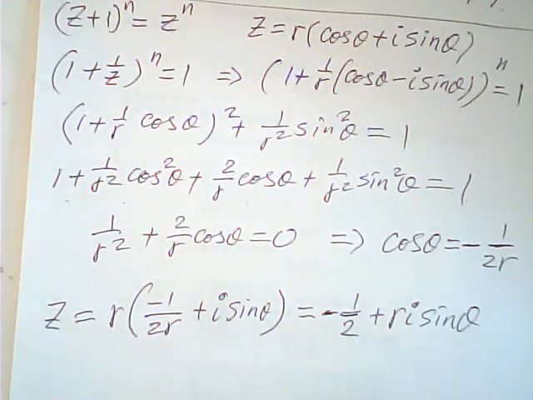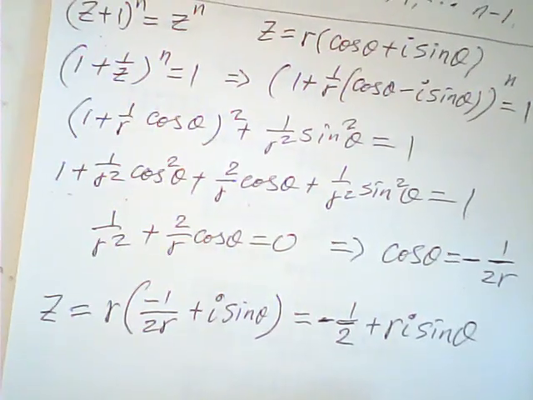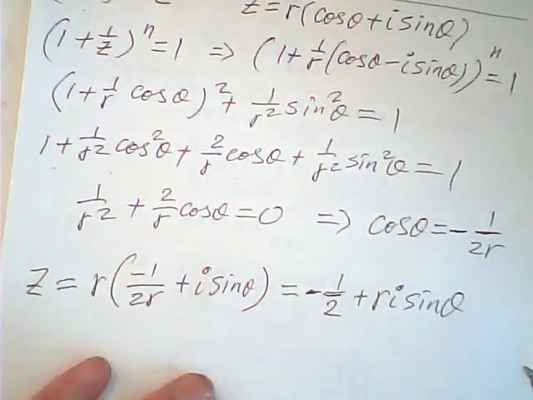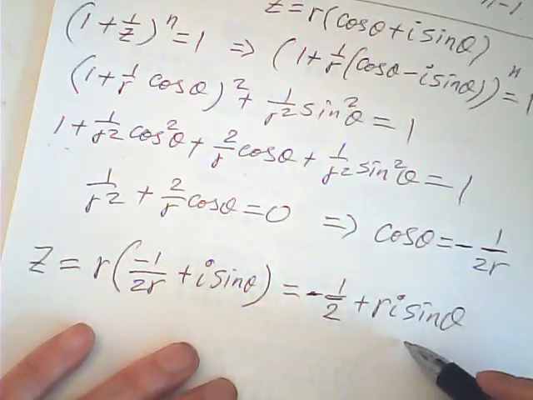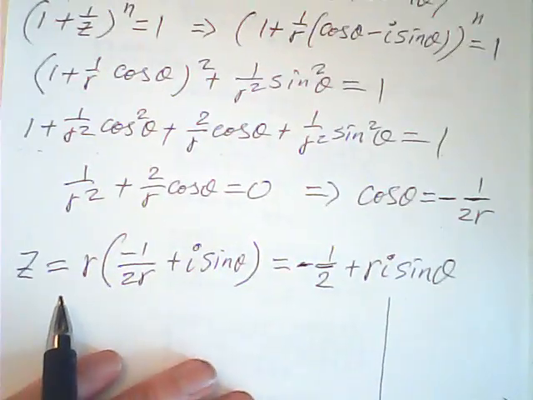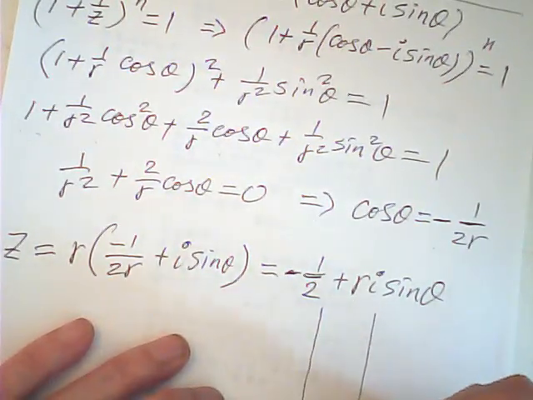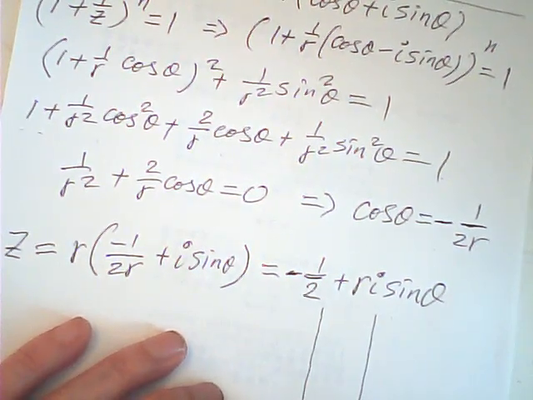Okay, very good. Now, what then? Now then, we know that z must be a complex number on this vertical line, which is minus half, right?